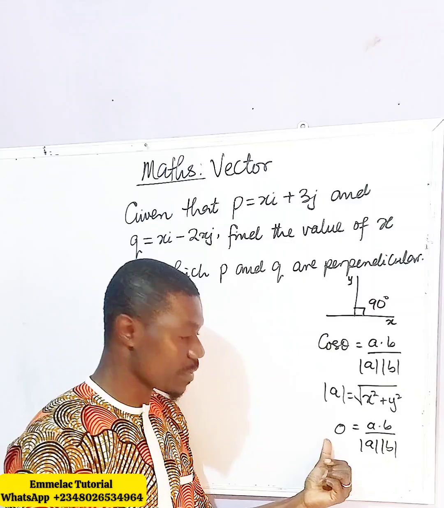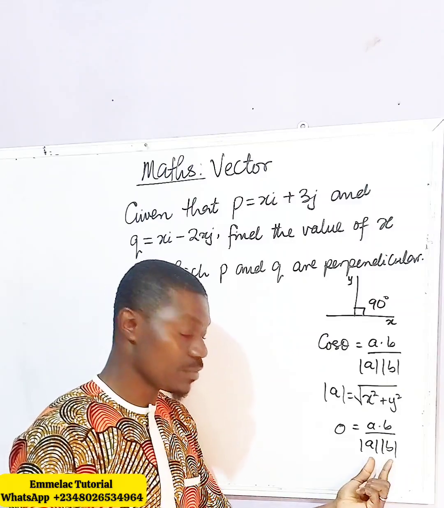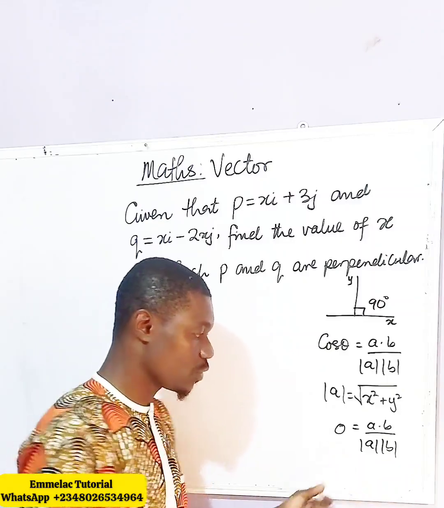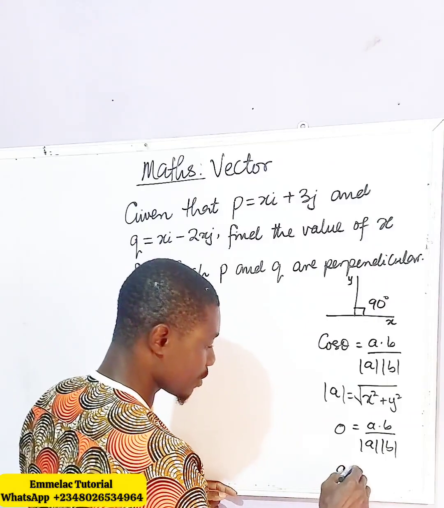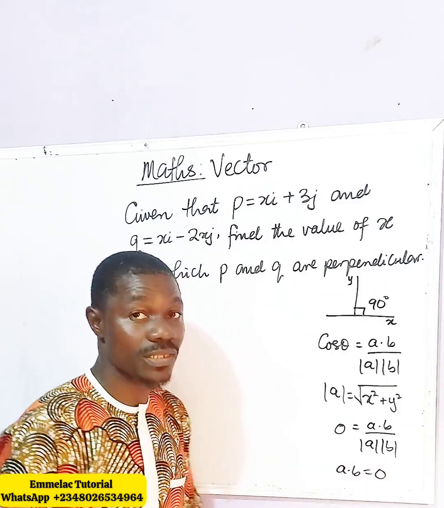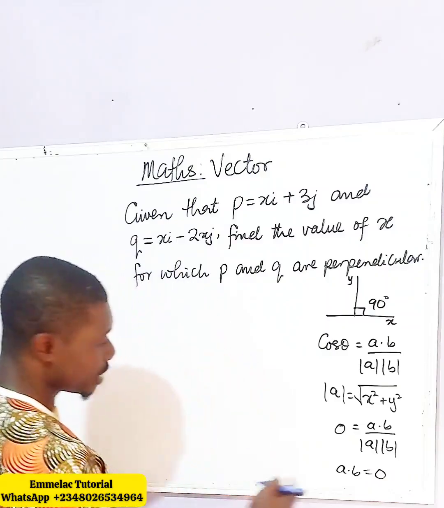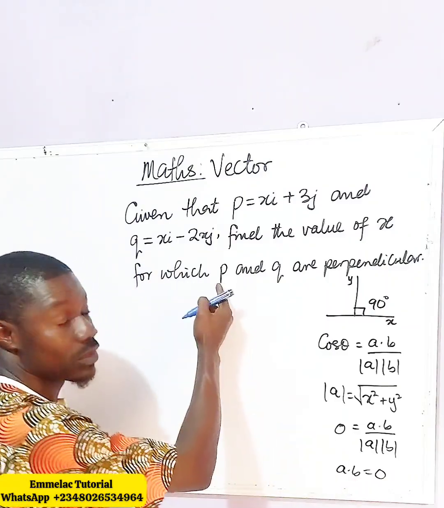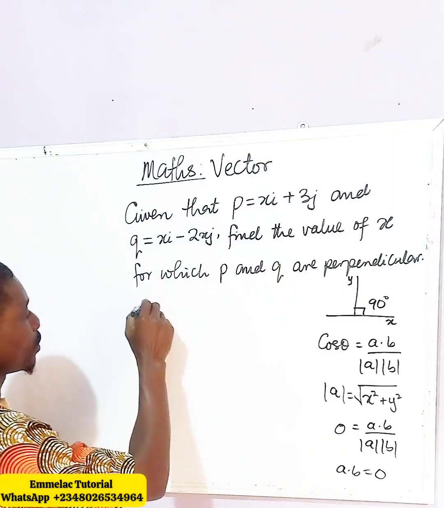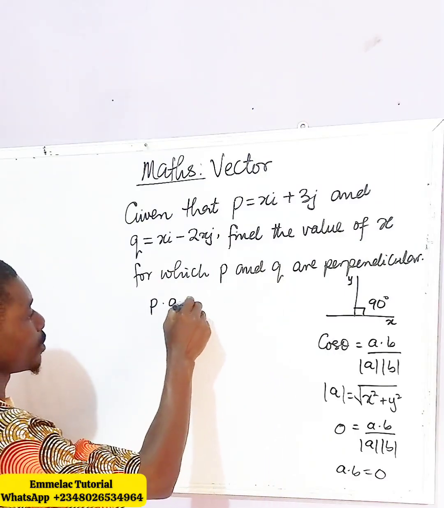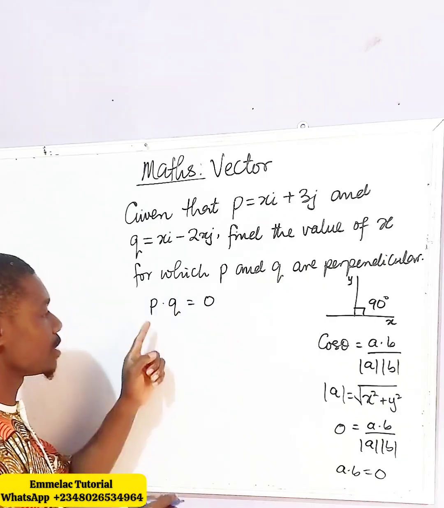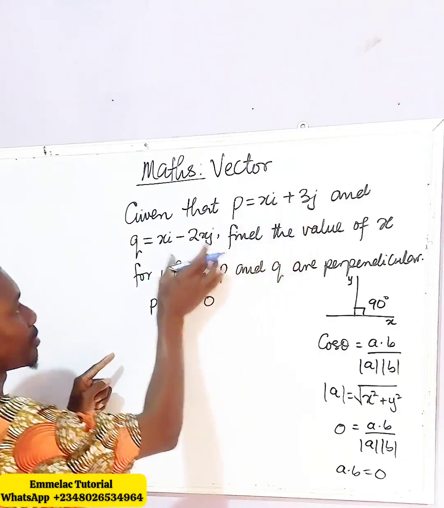If we cross multiply the magnitude, we end up having that a dot b will give us 0. So in this case, instead of a dot b, we'll be looking at P dot Q. So here P dot Q will give us 0, and dot implies that this times this.